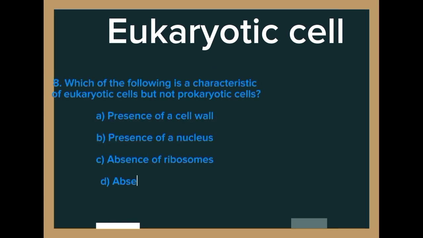8. Which of the following is a characteristic of eukaryotic cells but not prokaryotic cells? A. Presence of a cell wall. B. Presence of a nucleus. C. Absence of ribosomes. D. Absence of a plasma membrane.